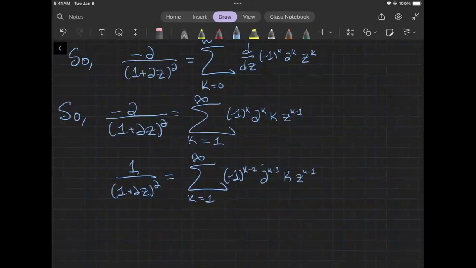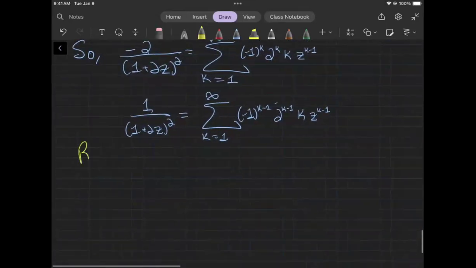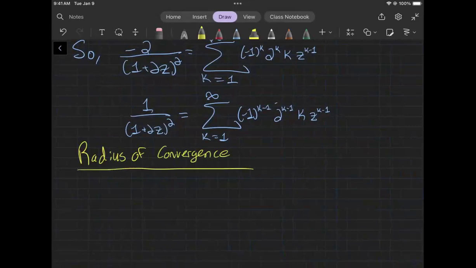All right, so to figure out the radius of convergence, we can use the ratio test.